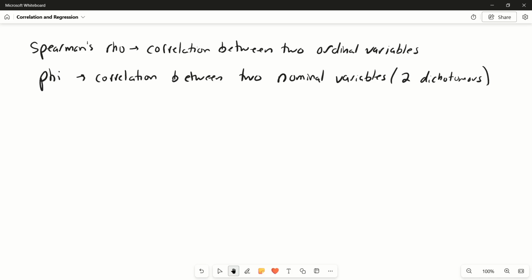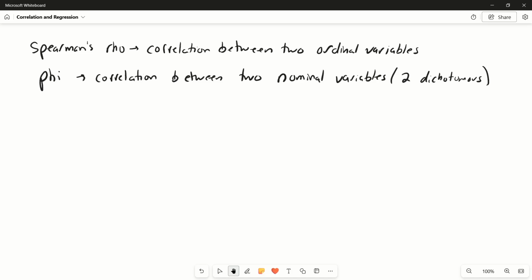Win or loss could be one variable, and gender could be another variable. You can examine if there's a relationship between gender and whether someone won or lost a particular match or game. You would technically want two 0, 1 variables to match up.